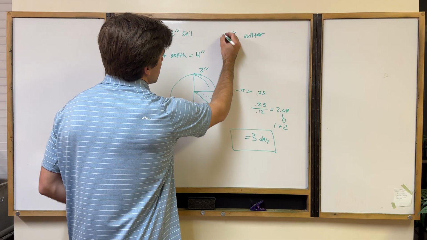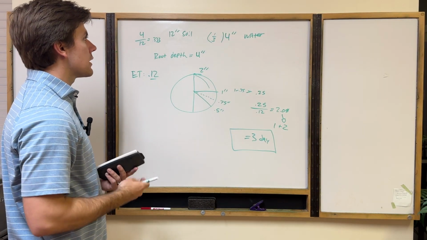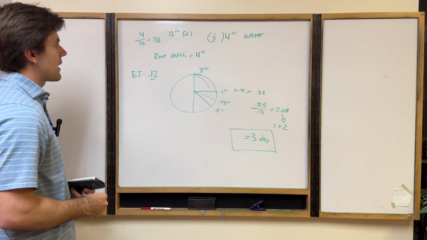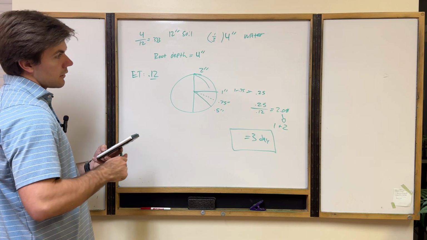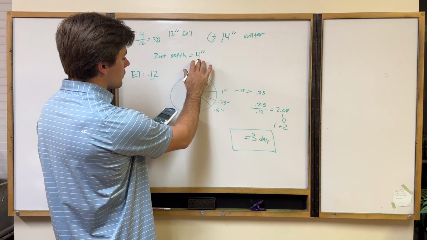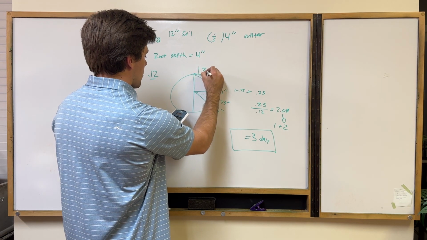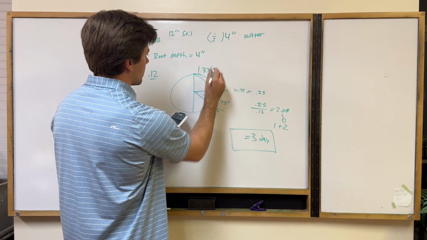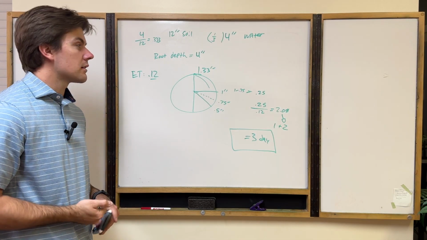So you can multiply this by a third or by 0.33333. It'll get you the same answer. 4 times 0.33333 means that instead of 2 inches of water, for your root zone you only have 1.33 inches of water, which will affect your watering schedule as well.